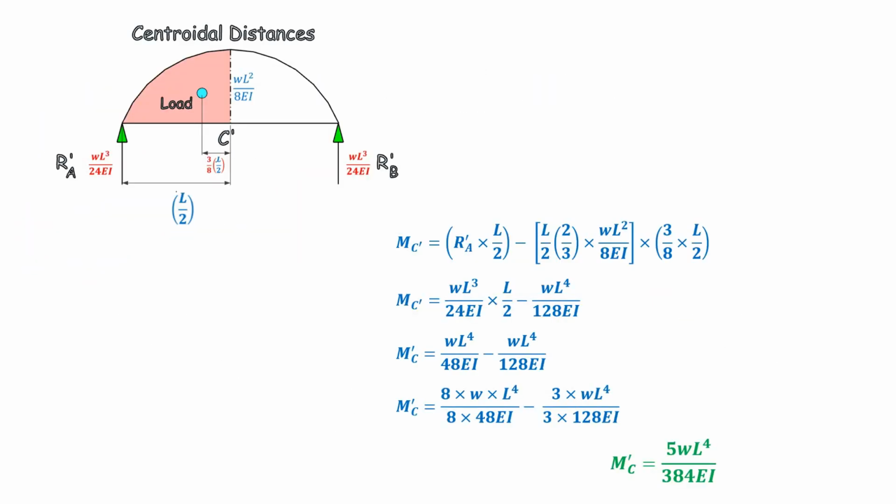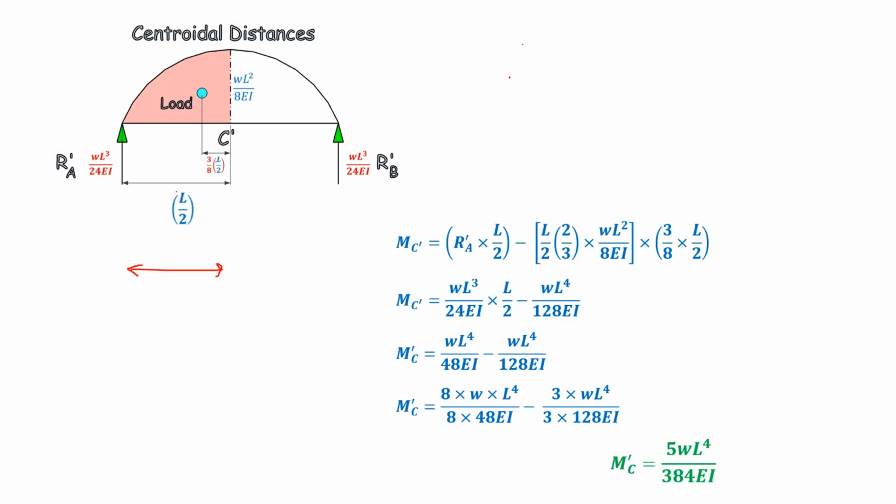Now we are going to find the moment at the C dash, which is equal to RA dash multiplied by L by 2, minus half of the parabolic load. The parabolic load is 2 by 3 times base into height, that is 2 by 3 into L by 2 into WL square by 8EI.